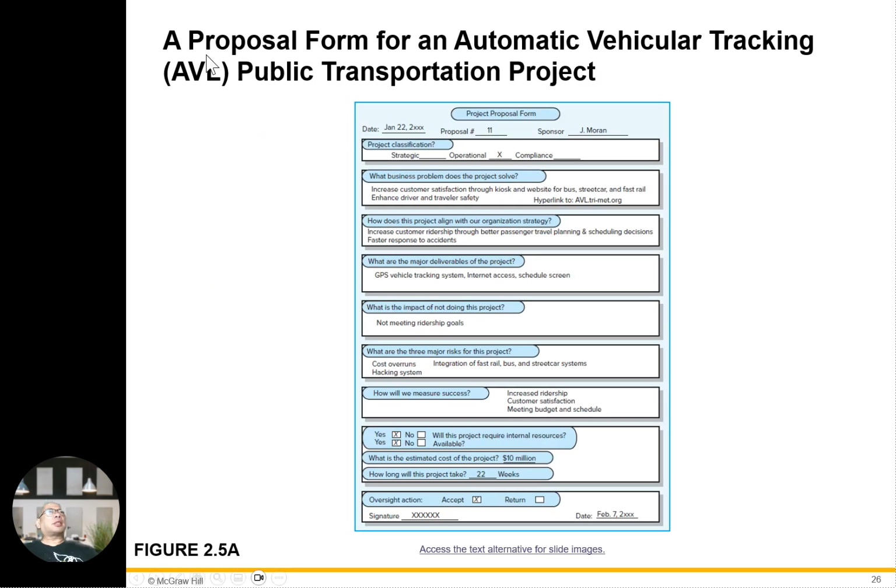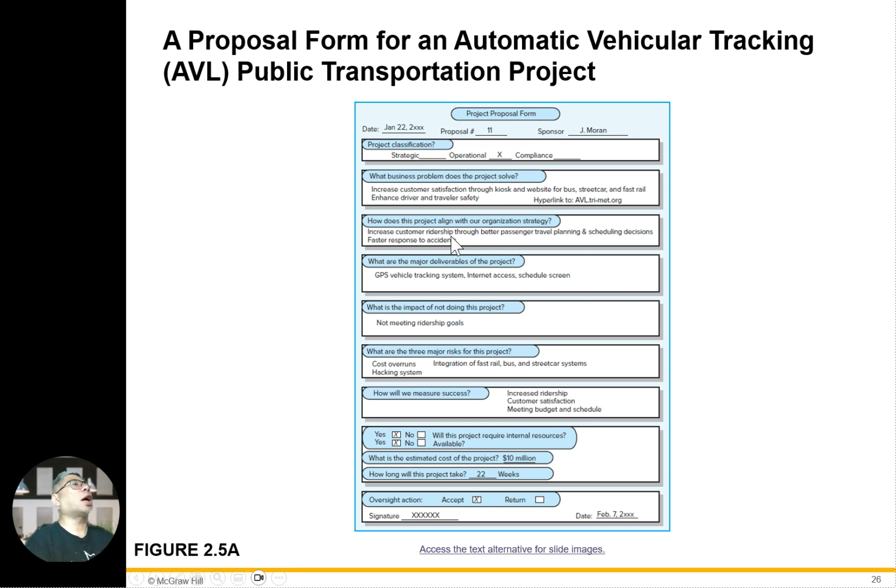Here is an example: a proposal for an AVL public transportation system, to give you an idea what the project is all about. This is the proposal form, classification is operational. The business problem to solve is to enhance and increase customer satisfaction.